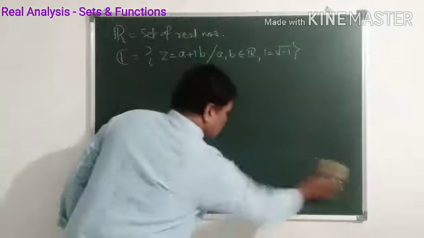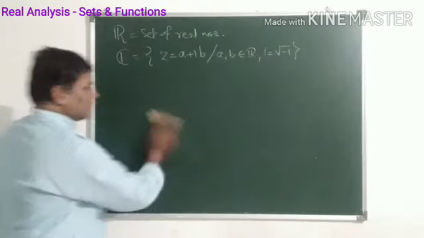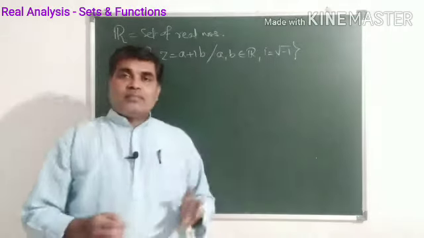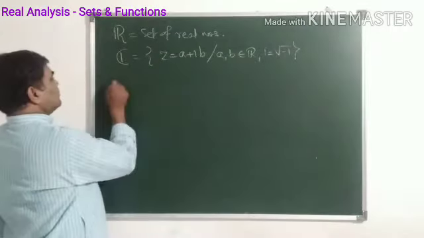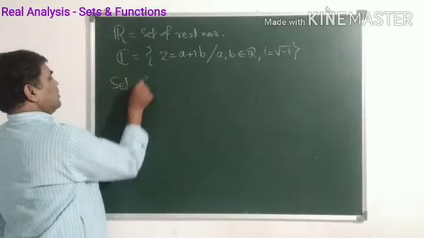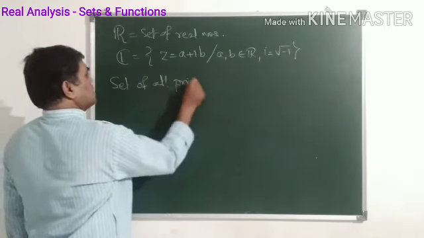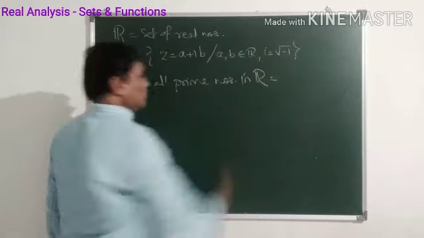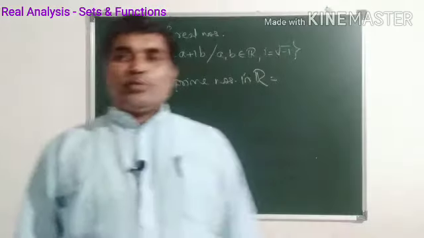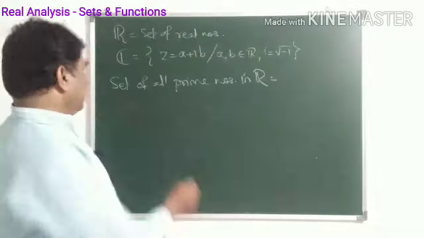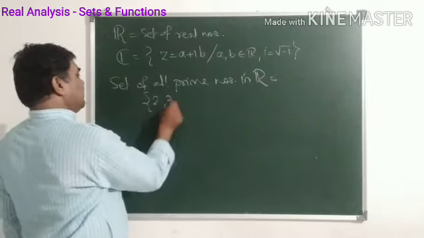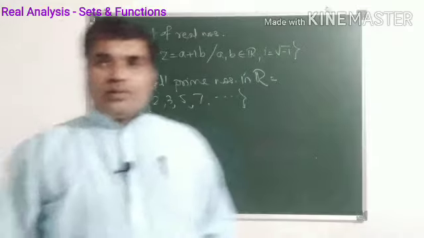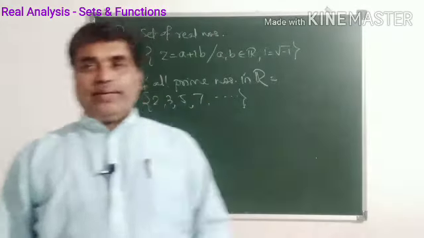Again, to clear this concept, if I ask you to write the set of prime real numbers, the set of all prime numbers in the set of real numbers, I observe that students give the answer 2, 3, 5, 7 and so on, which are studied at school level.